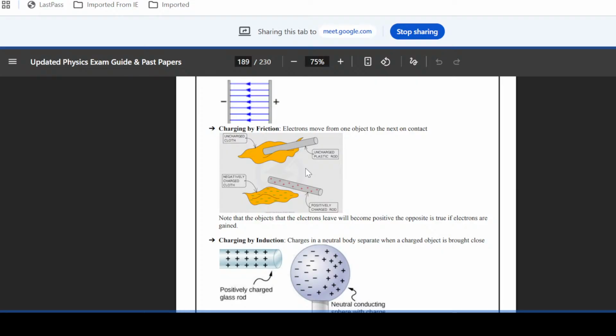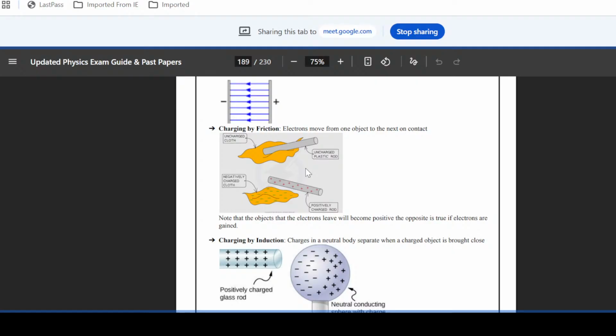Whereas charging by induction is where you have a neutral object, initially with the charges evenly spread about, so not divided as you're seeing here.